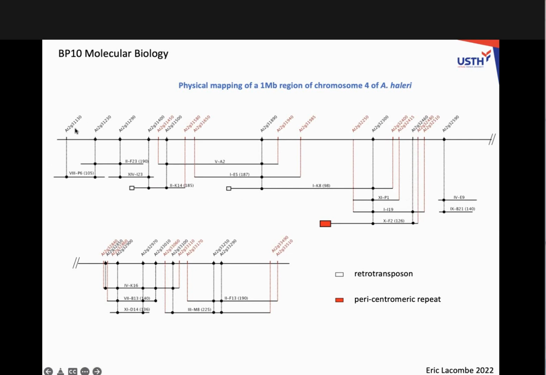But if we check for the presence of specific genes from Arabidopsis thaliana in alleri, we can check the presence of every individual gene in different genomic fragments from alleri. And what we can see in this drawing is that it is completely conserved.